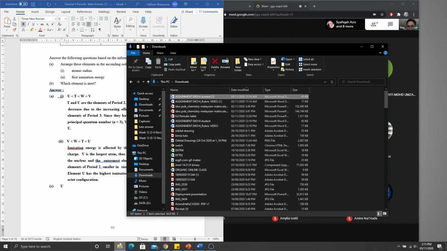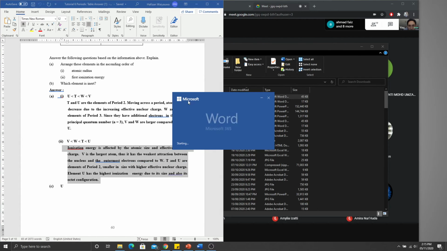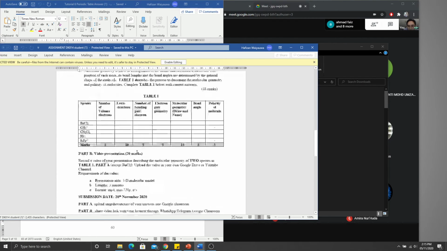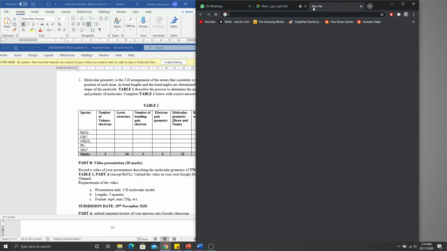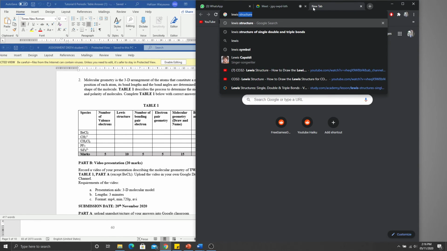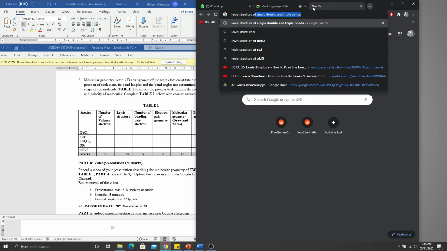Soalan tu dia ada 5. Contohnya, number of valence electron of PF5. Di Google pun dia dah boleh dapat. And then Lewis structure of PF5, you boleh terus cari.